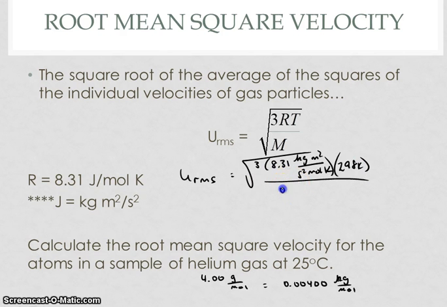And we'll divide that by 0.00400 kilograms per mole. Now, when we look at this problem, because we did our conversion, our kilograms will cancel out, our moles will cancel out, our Kelvin will cancel out, and we're going to be left with meters squared per second squared, and when we take the square root of that, that'll give us meters per second, which are our units for velocity. So our root mean square velocity for these particles is 1,363 meters per second.